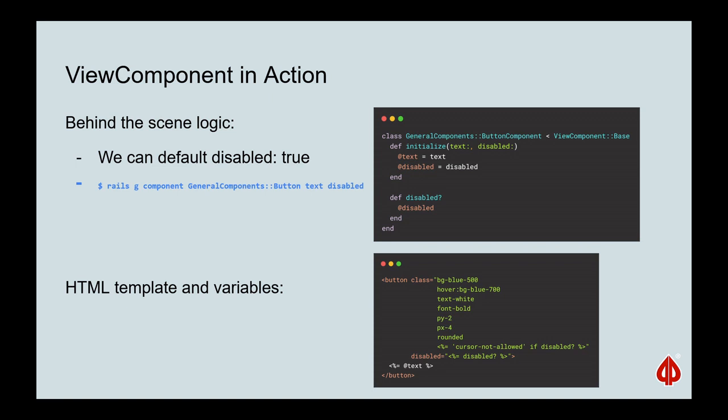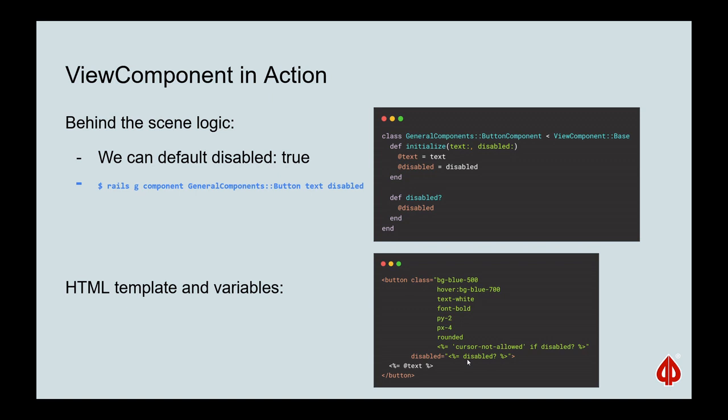And for example, you can have a helper here: check if it is disabled and then use it in your template. As you can see, in the template you can use simple ERB templating and add text, which reads this text from the component, and also check if it is disabled, so add the classes you want or add the disabled tag to your HTML element.